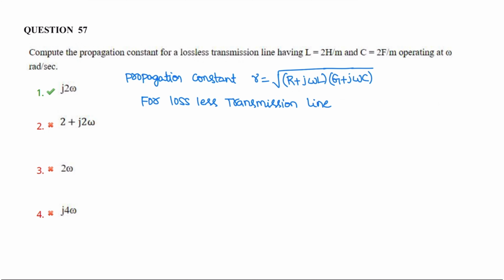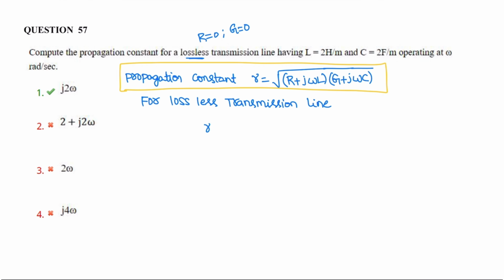Next question. Compute the propagation constant for a lossless transmission line. Propagation constant gamma is given as square root of (R plus j omega L)(G plus j omega C), where R is the resistance per unit length of the transmission line, L is the inductance per unit length, G is the conductance per unit length, C is the capacitance per unit length, and omega is the angular frequency. Also given the line is lossless. For a lossless transmission line, R is 0 and G is 0.